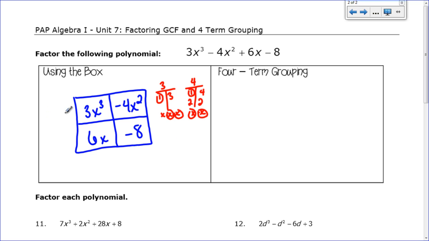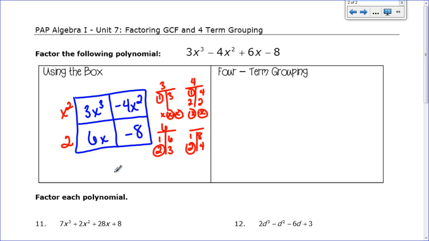So what they have in common is a 1x squared. Now for the bottom row, they don't both have x's. I'm just going to have to check my greatest common factor for my numbers. So for 6, I've got 1 and 6, 2 and 3. And for the -8, I've got 1 and 8, 2 and 4. Well, the biggest number they have in common is this 2. And so I'm going to have a 2 right here.